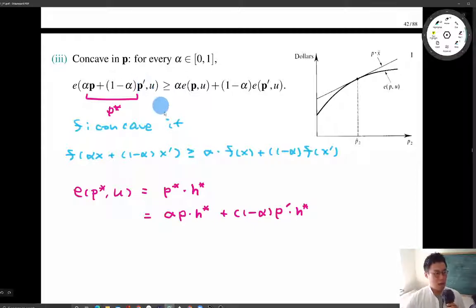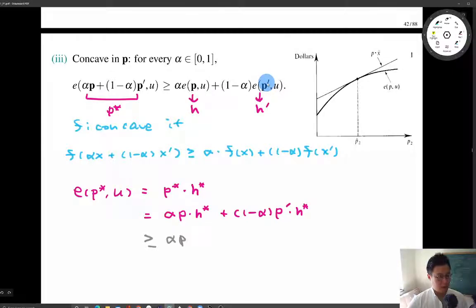By the definition of Hicksian demand, let me call the Hicksian demand H under price vector P and H prime under P prime.